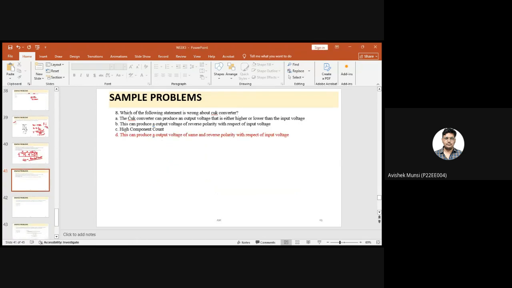This can produce an output voltage of the same or reverse polarity with respect to the input voltage, as it is equal to a buck boost converter. So statement D is correct.